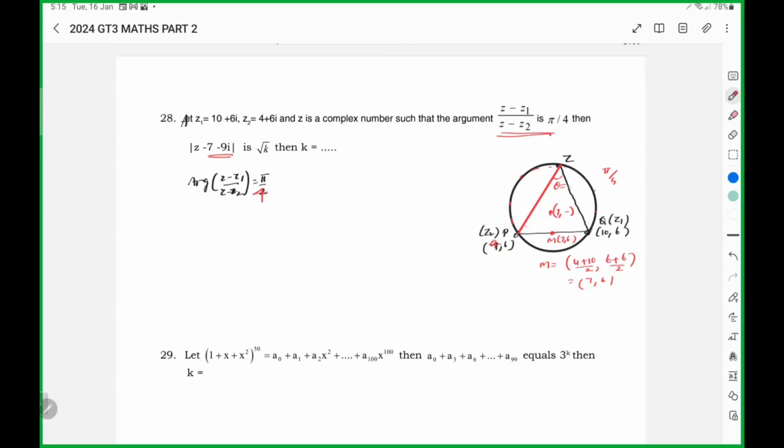So it makes an angle pi by 4 at the circumference. The angle made at the center is double the angle made by it on the circumference.